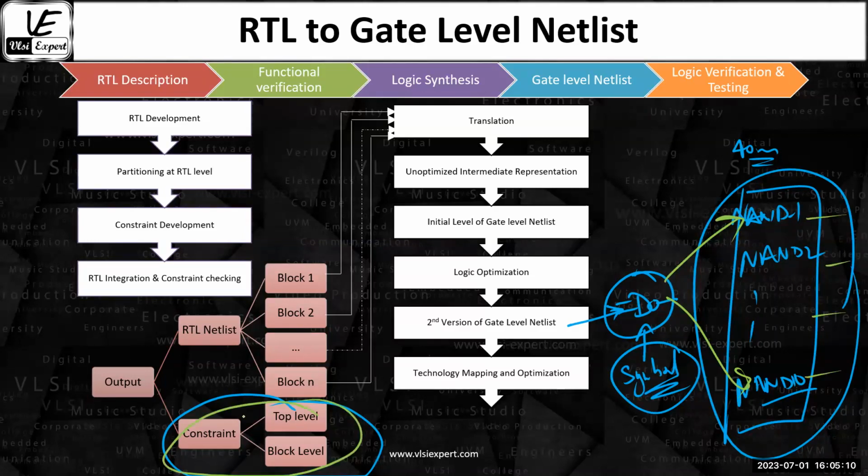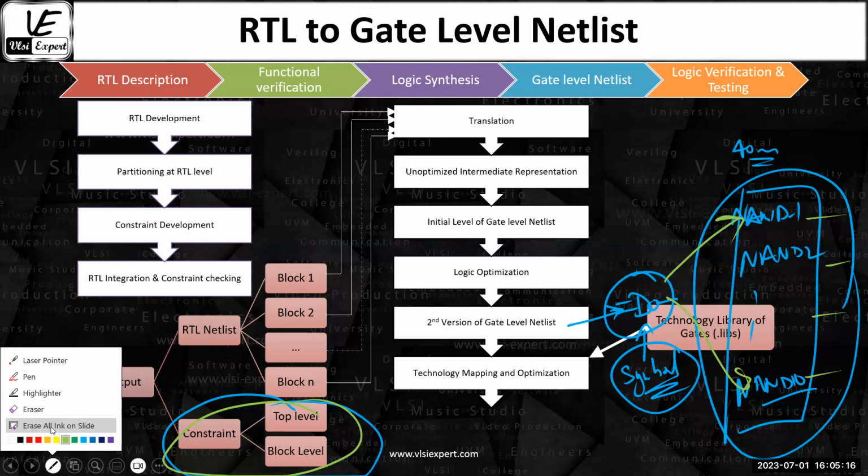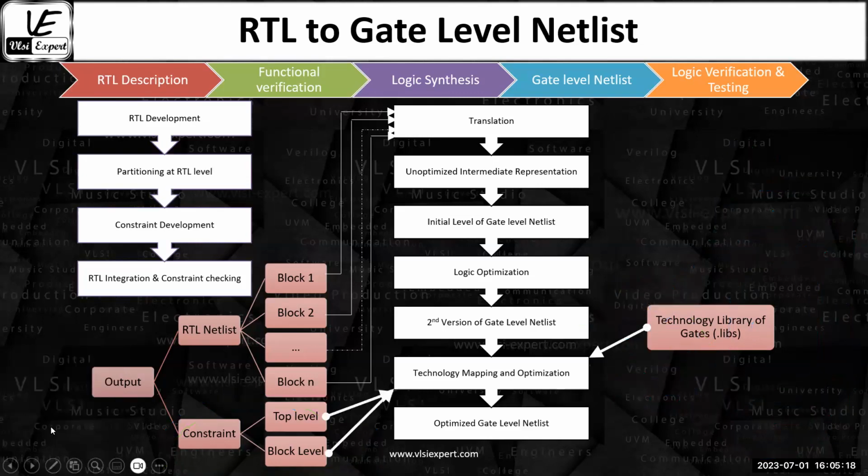So once this optimization is done, you will get the optimized gate level netlist.